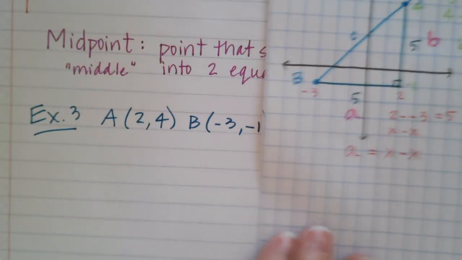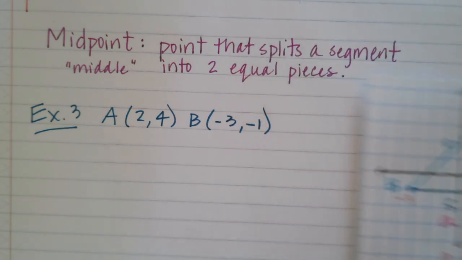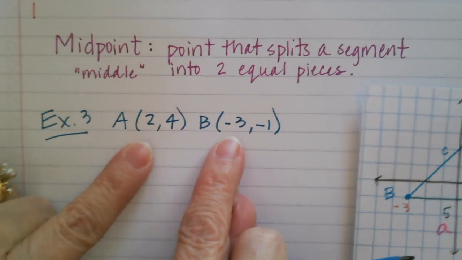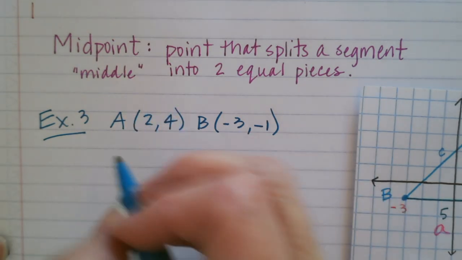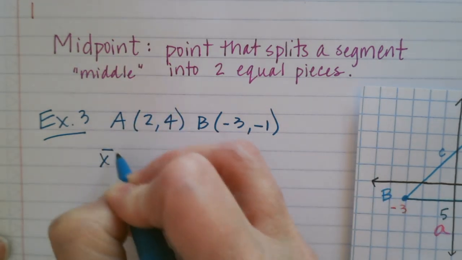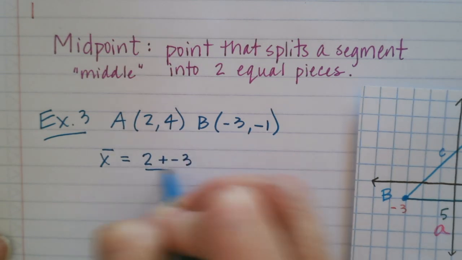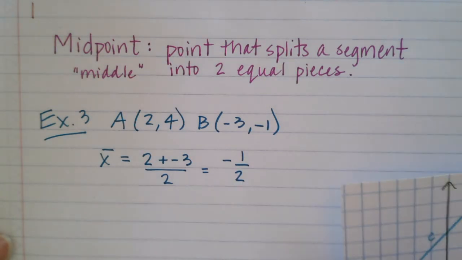If I want to find the middle of this piece right here, I need to average the x's together. If I average the x's, that means I add them up and divide by 2, and I get negative 1/2.